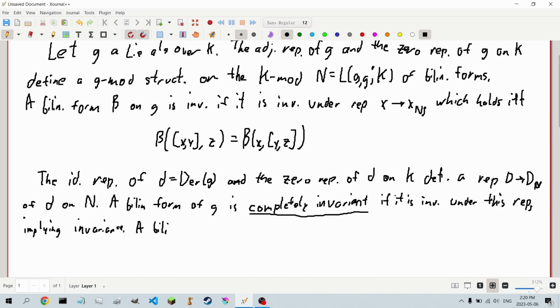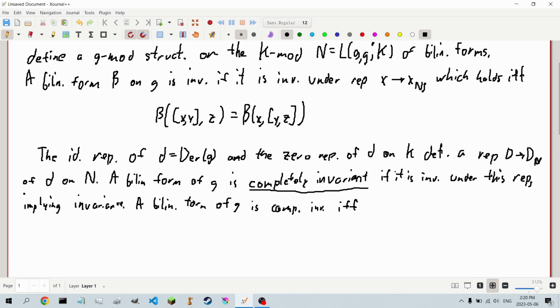And so a bilinear form of G is completely invariant if and only if beta of Dx, y plus beta of x, Dy equals 0 for all x, y in G, of course, and D being any derivation.